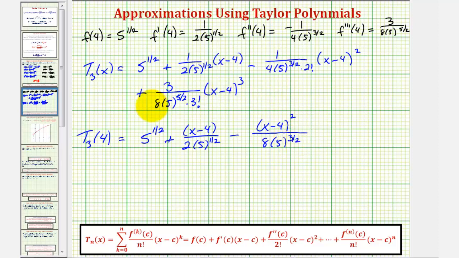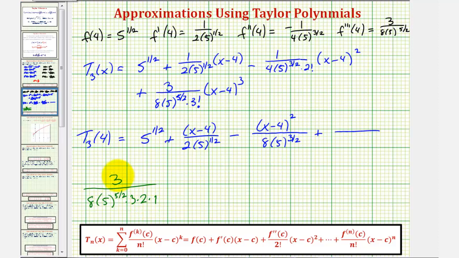And then for our last term, we have plus, let's take a close look at this fraction here. We have 3 all over 8, 5 to the power of 5/2, and then 3 factorial is 3 times 2 times 1.